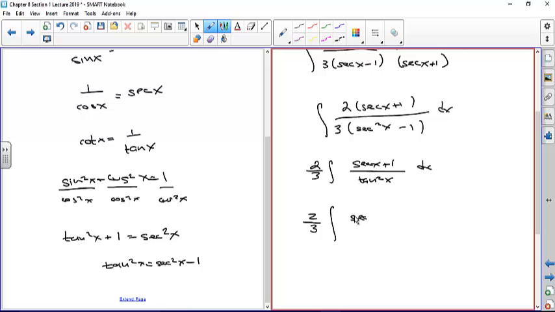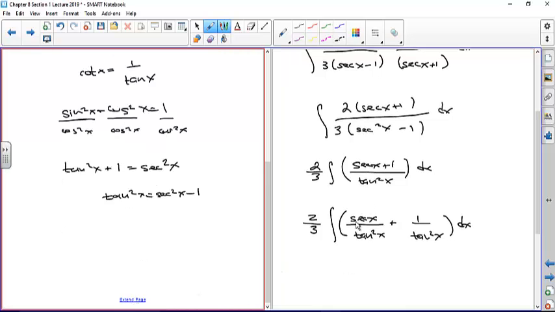So we get secant x over tangent squared x plus 1 over tangent squared x, the whole thing times dx. But let's just look at this term, secant x divided by the tangent squared.